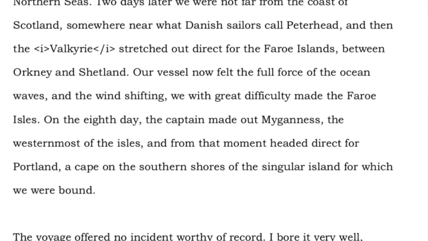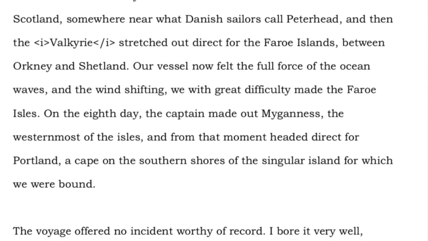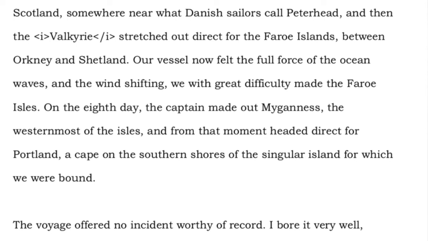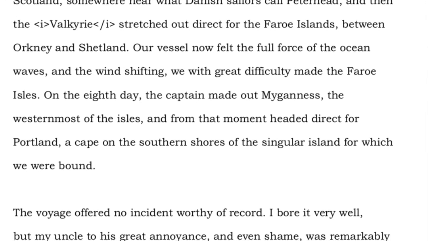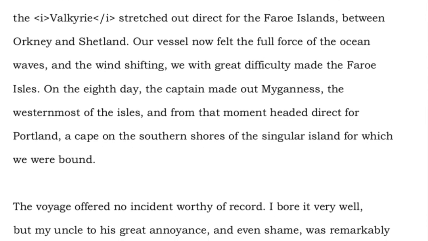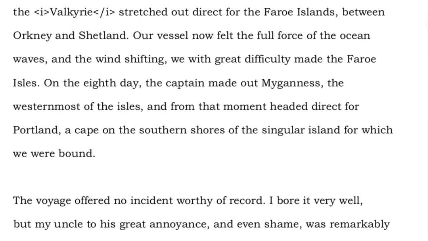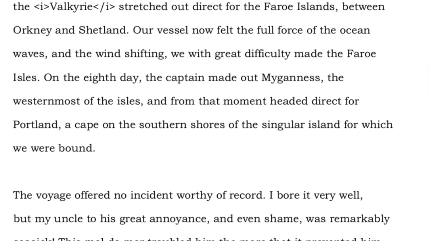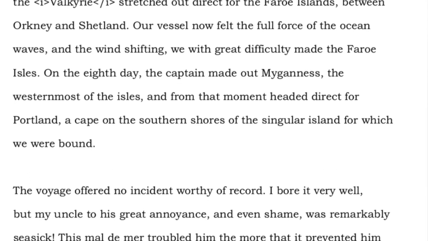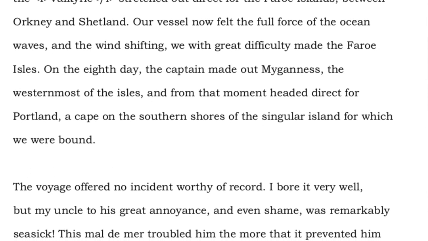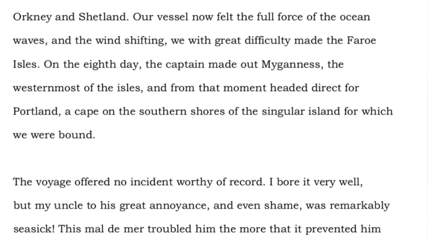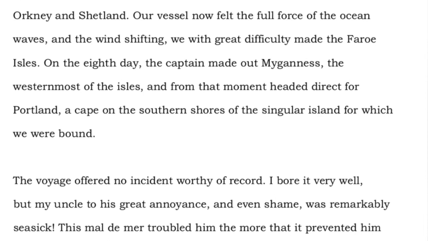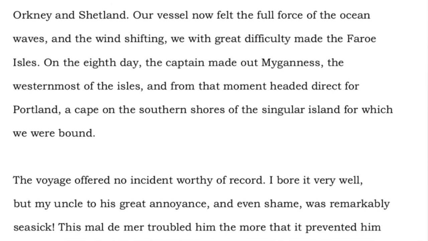Our vessel now felt the full force of the ocean waves, and the wind shifting, we with great difficulty made the Faroe Isles. On the 8th day the captain made out Myganess, the westernmost of the isles, and from that moment headed direct for Portland, a cape on the southern shores of the singular island for which we were bound. The voyage offered no incident worthy of record.